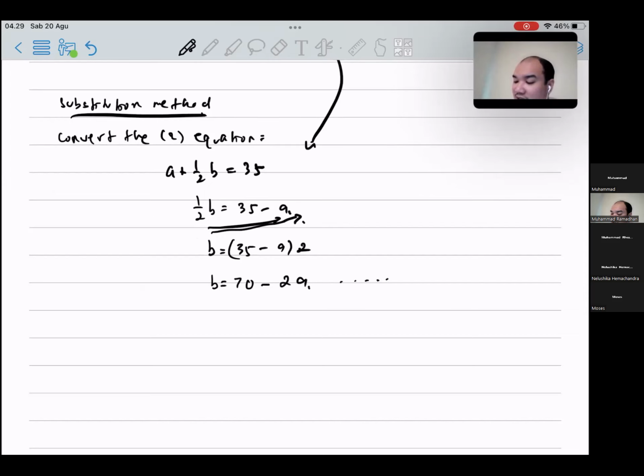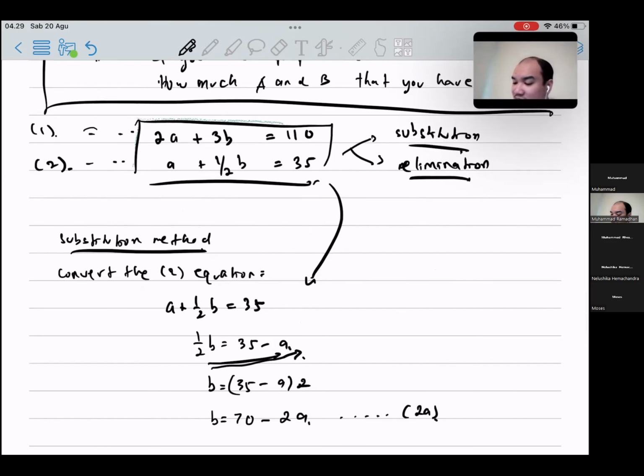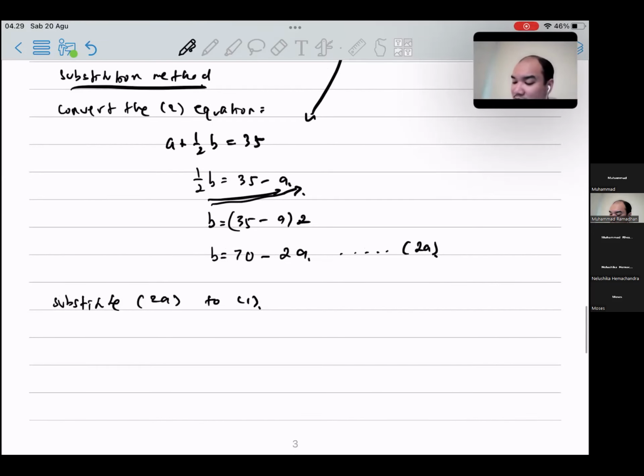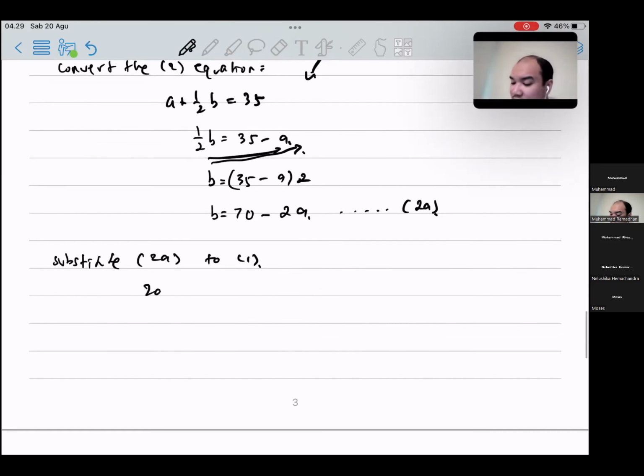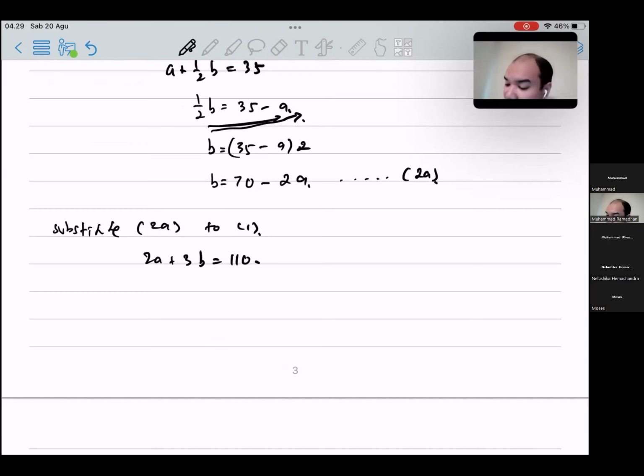After you get this, substitute it into the first equation. The first is 2A plus 3B equal to 110. And then 2A plus 3 times (70 minus 2A) equal to 110.